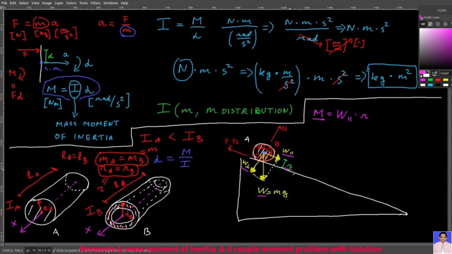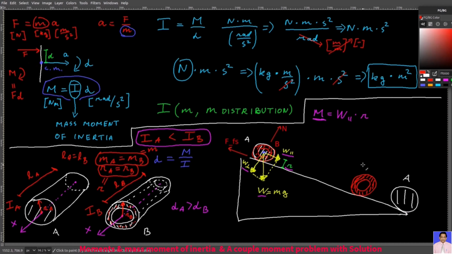They have the same R, so they must have the same M. However, I_A is smaller than I_B, meaning that there is less resistance to rotation in the case of A compared to the case of B. And that means that the angular acceleration, alpha A, is greater than alpha B. Because of that, cylinder A picks up rotational velocity faster than cylinder B. And that's why, in the end, cylinder A will win the race.